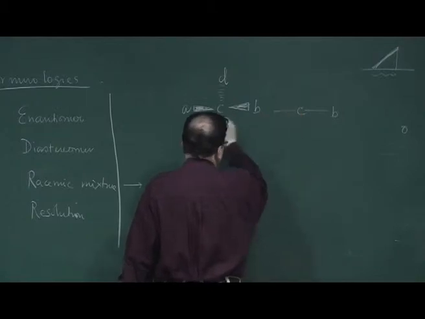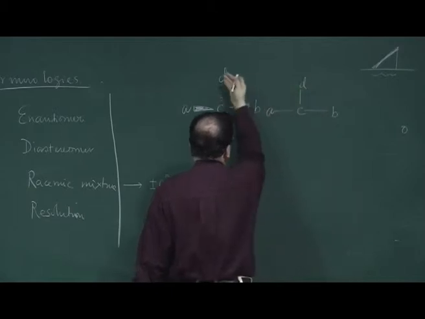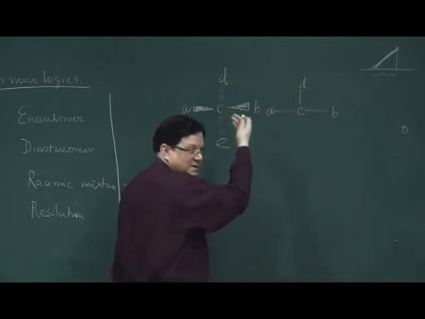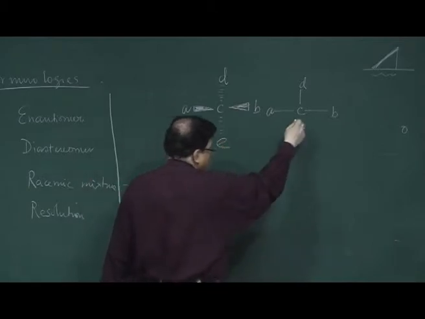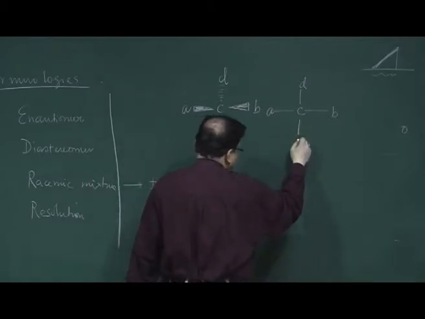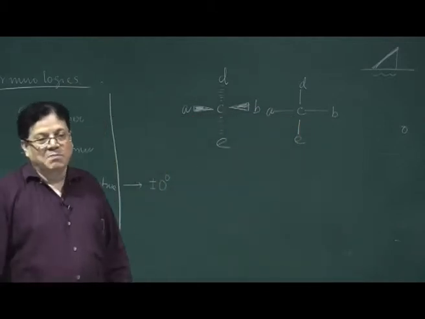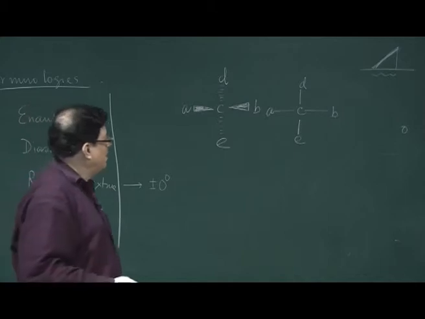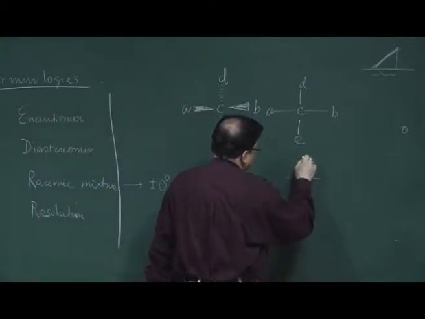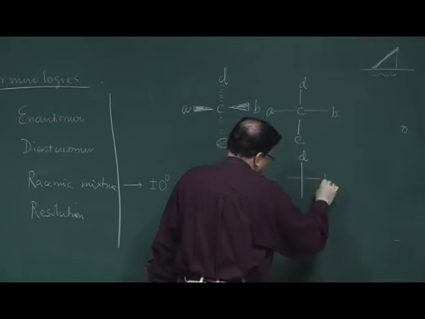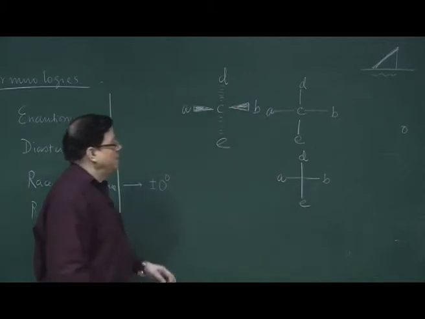This is the projection of A, and this is the projection of D. Now this projection has to come from the back side, and this projection also has to come from the back side. So these are the projections that you will have of all the bonds in the plane of the board. Okay. Now you remove the carbon and it will look like a cross. So this will be D, this will be B, this will be A, and this will be E. So I hope this is clear.